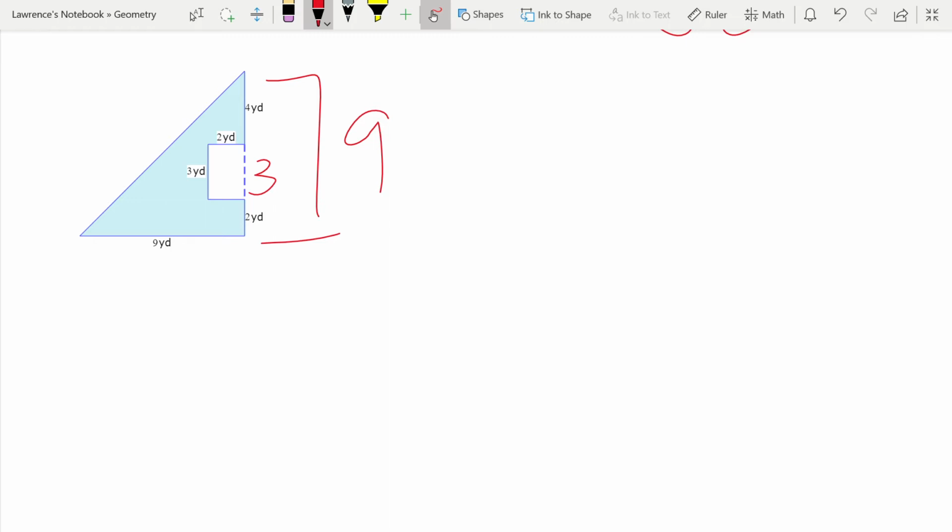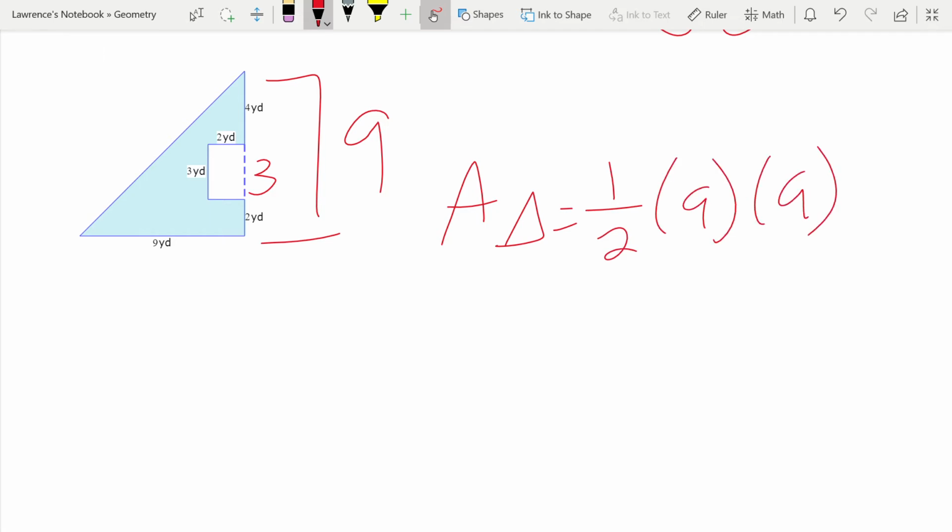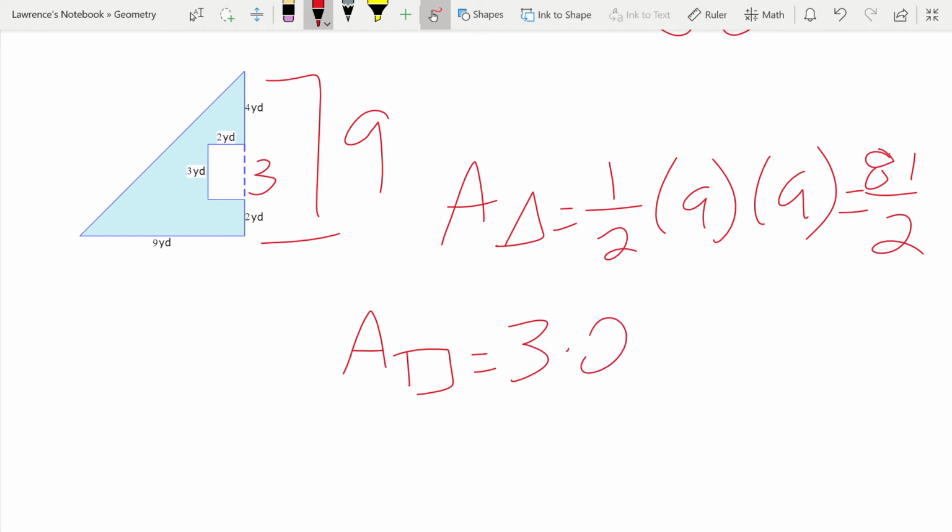Let's start with the triangle. One half base, which is 9, times height, which is also 9. 9 times 9 is 81, and half of 81 is 81 over 2, which is 40.5. Then the rectangle is 3 times 2, base times height, which is 6.